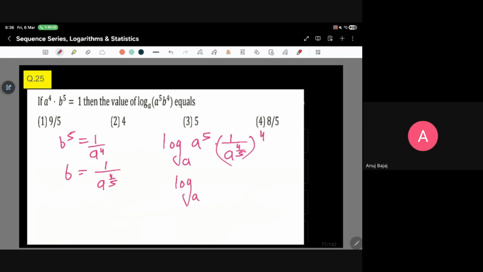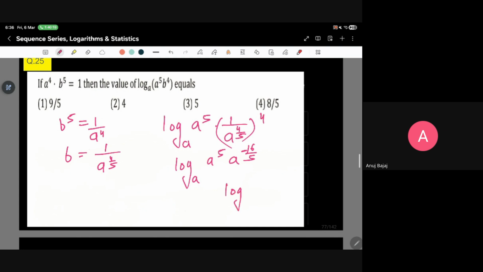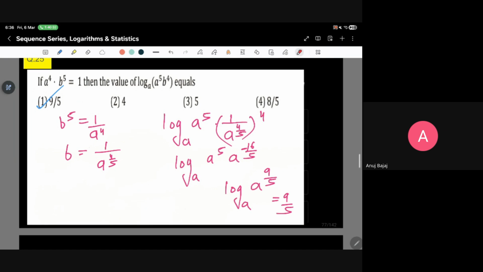So this becomes a to the power 5 and this becomes a to the power minus 16 by 5. So when you simplify this, it becomes a to the power 9 by 5. Yes, any doubt here in this?